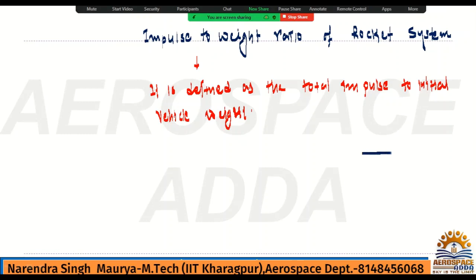The propellant of the rocket is going to start burning now. It is not yet started, yes or no?